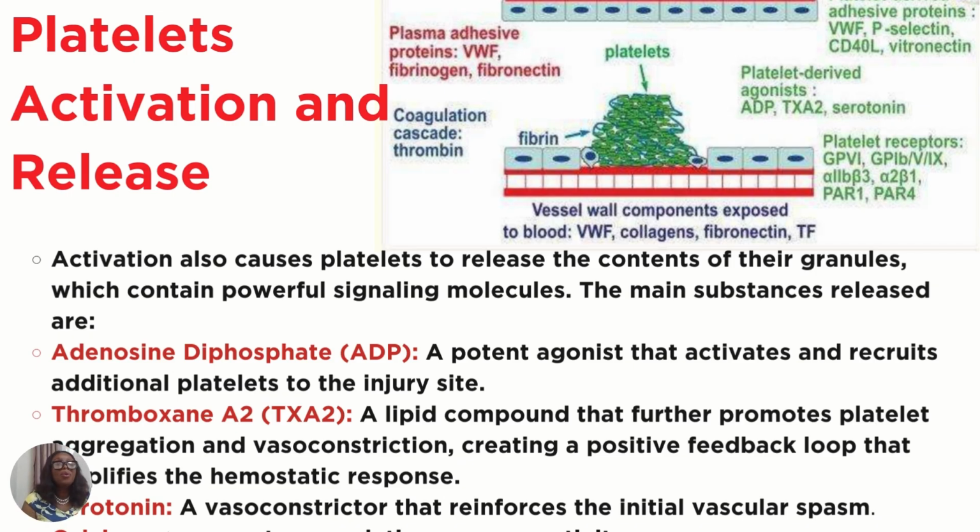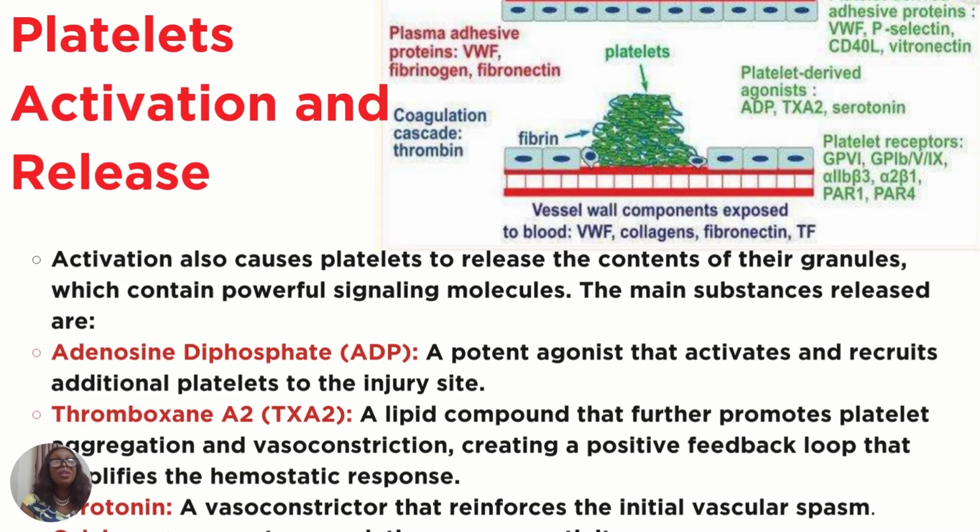The second one is thromboxane A2, a lipid compound that further promotes platelet aggregation and vasoconstriction, creating a positive feedback loop that amplifies the hemostatic response. Another one is serotonin.